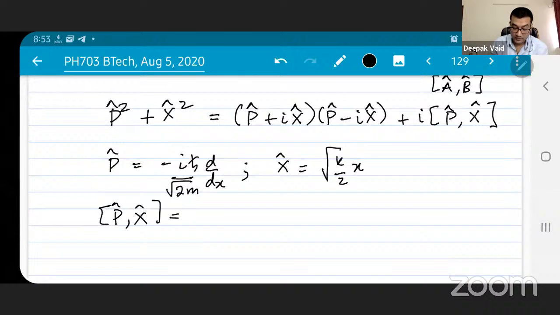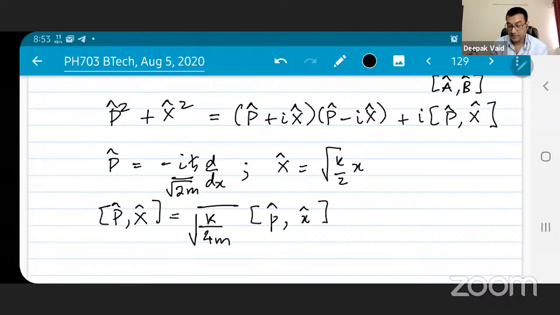So this will just be root k by 4m times the commutator of the momentum and the position, x and p.